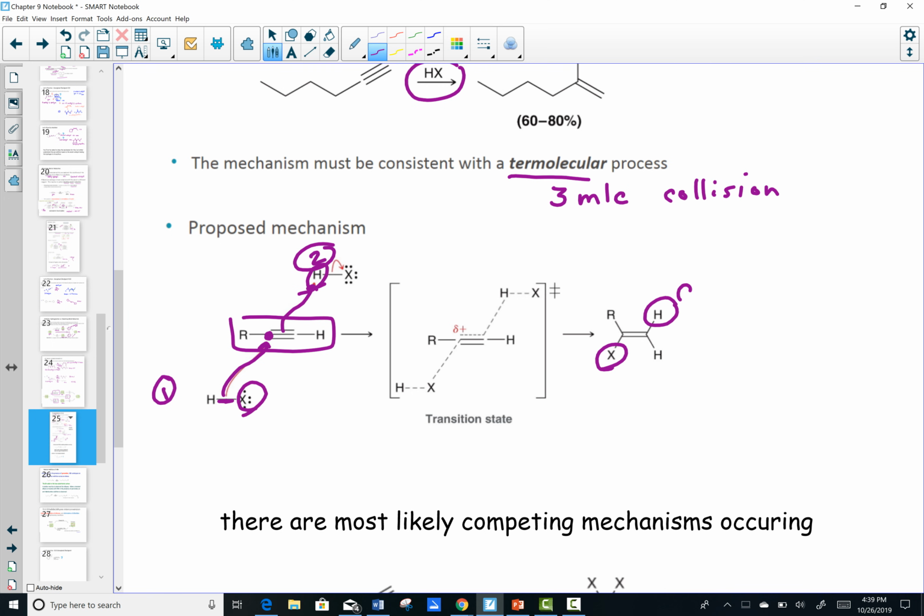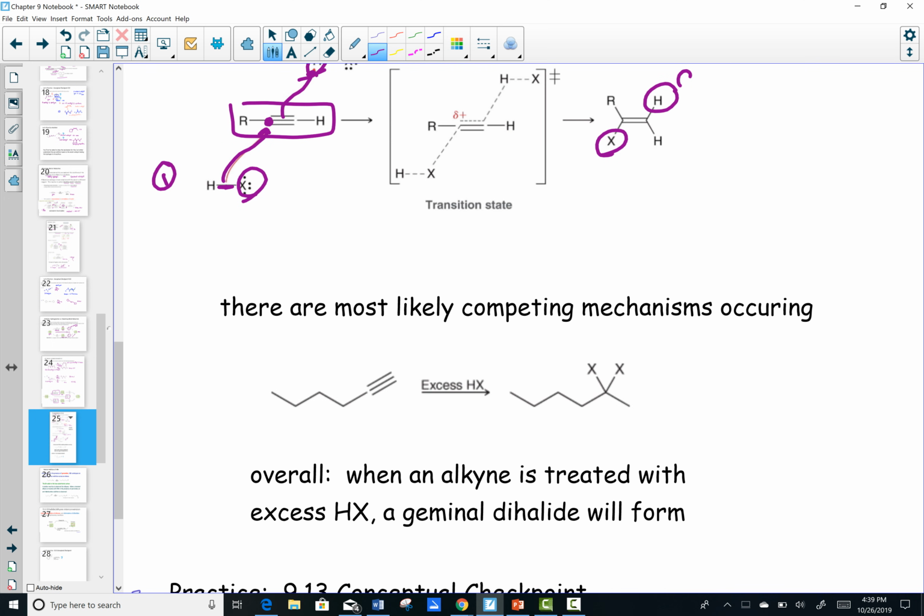So just overall, sorry, that keeps skipping. Overall, we have a geminal dihalide, and it follows Markovnikov's rule, in which the halogen adds to the most substituted carbon, which of course is the interior carbon in this terminal alkyne.